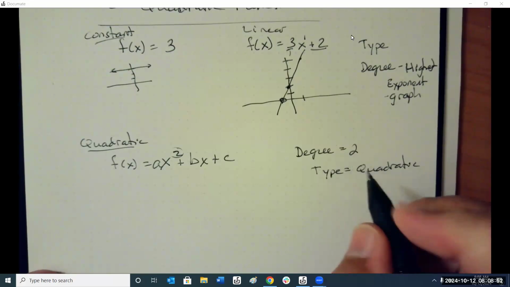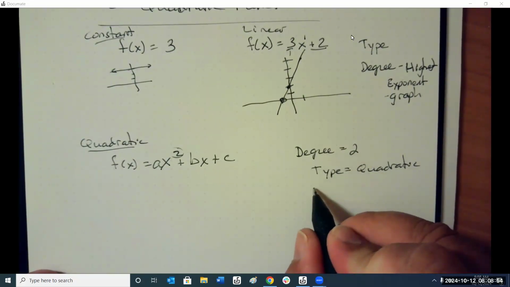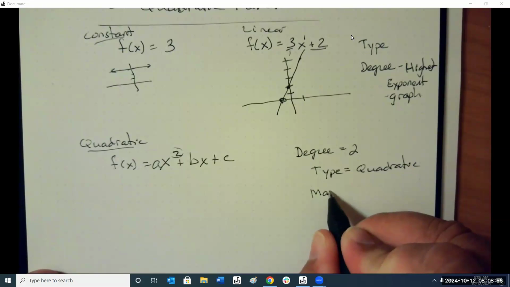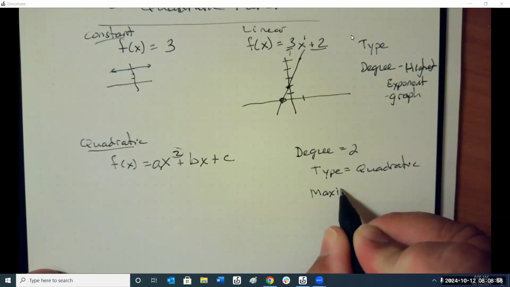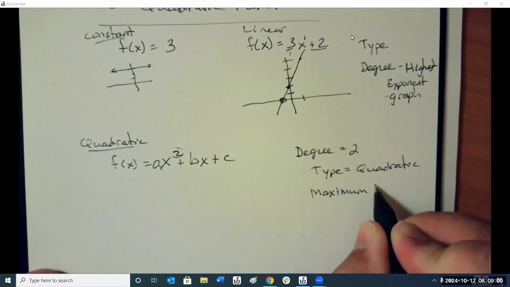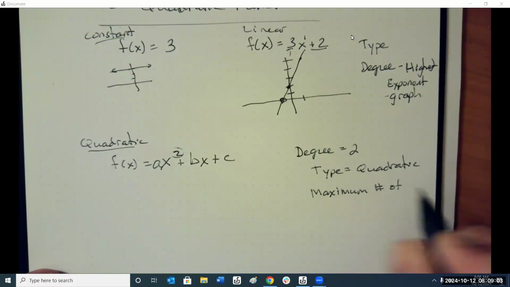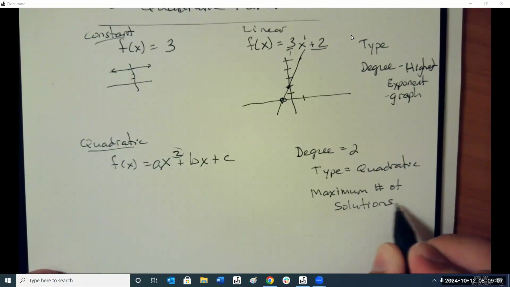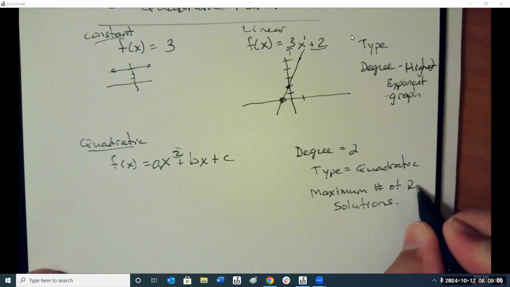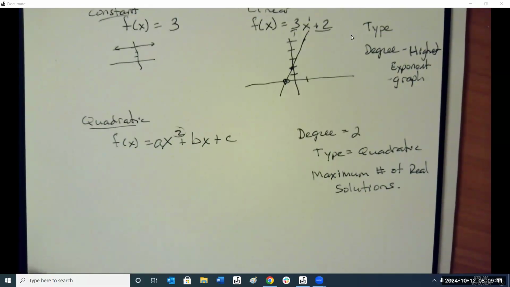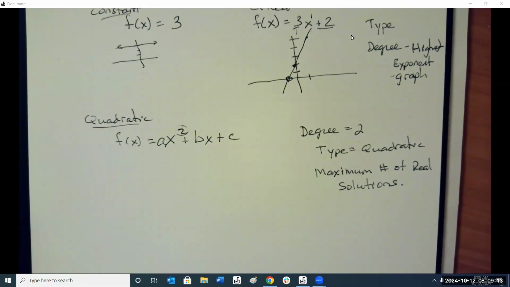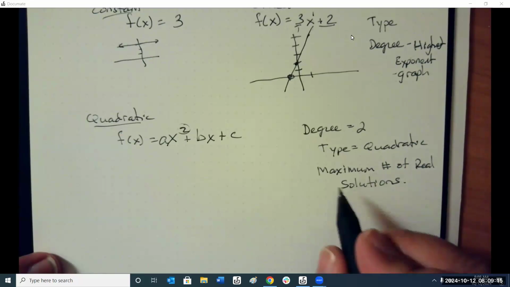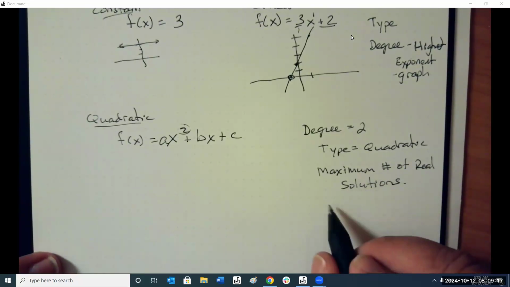The degree being 2 also tells us the maximum number of real solutions, I should say. Why is it the maximum number of real solutions?